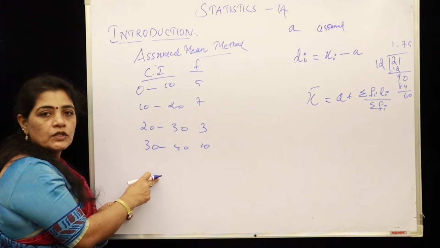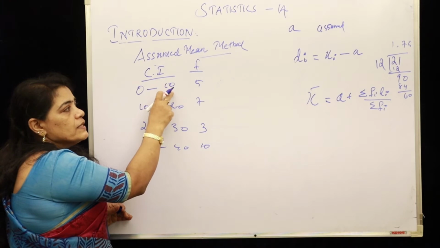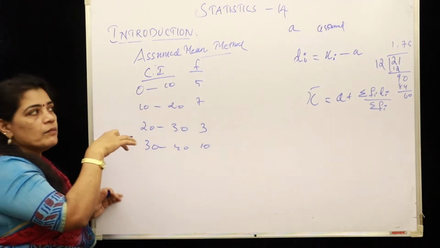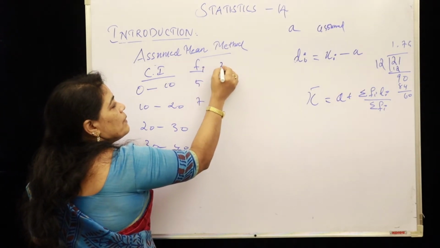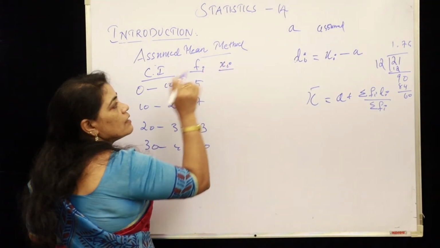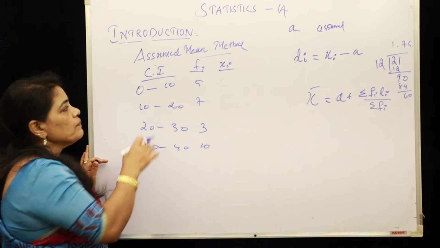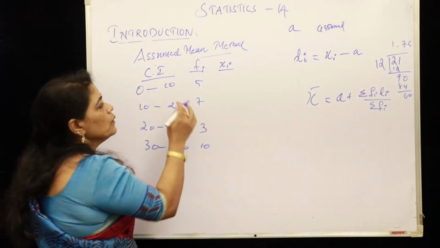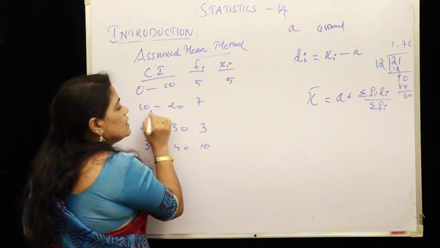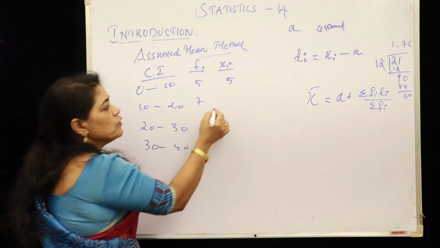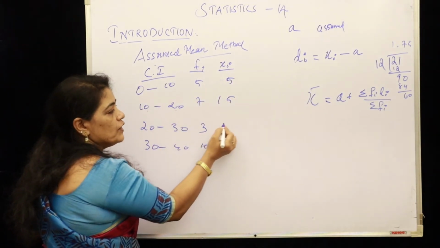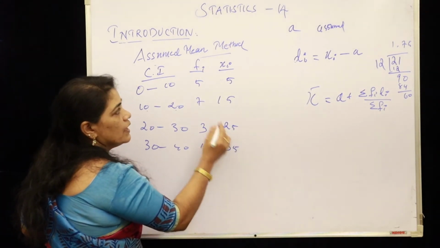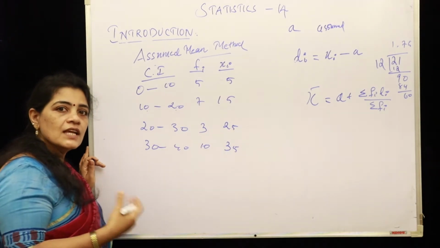Class mark is equal to lower limit plus upper limit divided by 2, 0 plus 10, 10 divided by 2, so that is xi. That is 5. Then 10 plus 20, 30 by 2, 15. Then 50 by 2, 25. 70 by 2, 35. Then all the remaining procedures are the same.